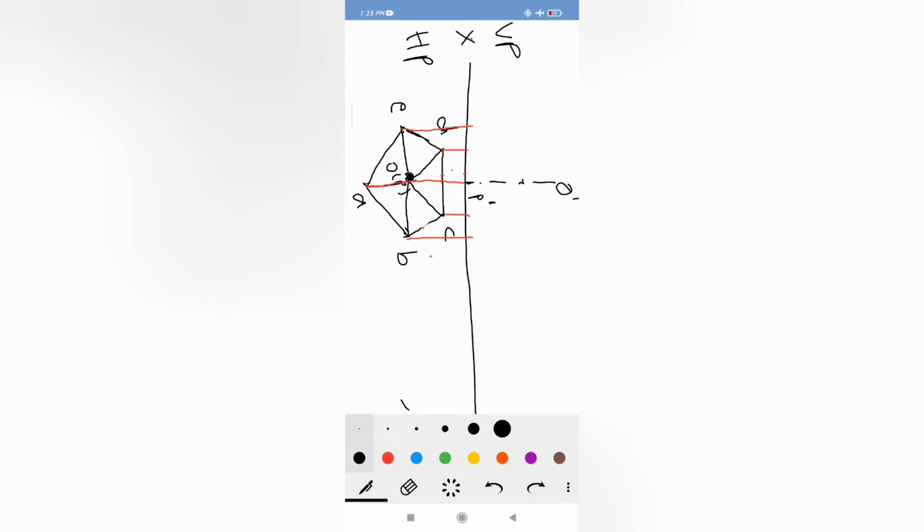Now let me note these points. This is D dash, sorry, that is not D dash, this is E dash. This point is D dash, and this point is here.